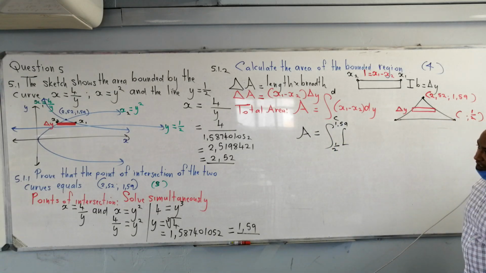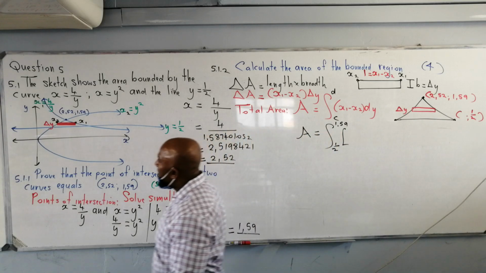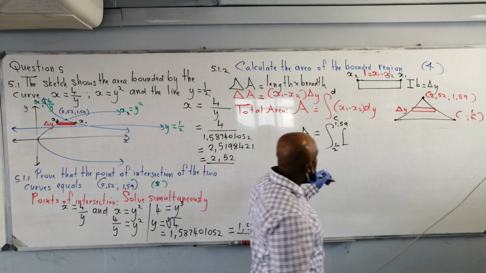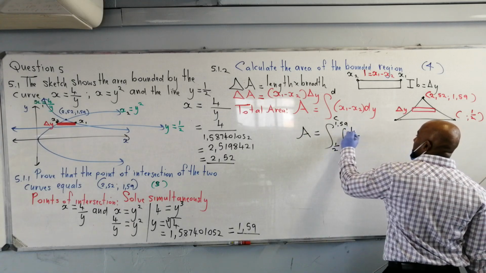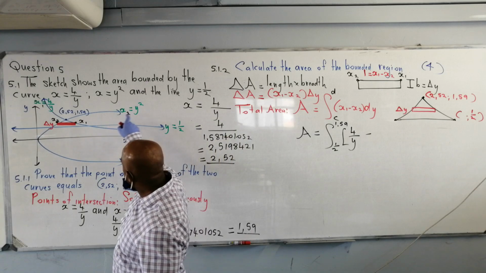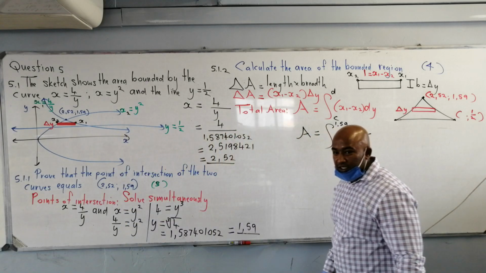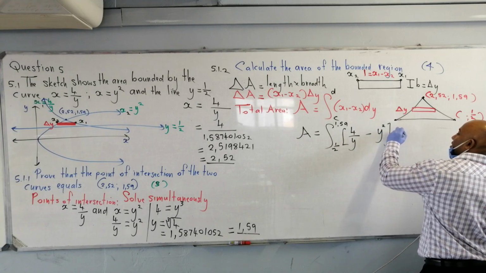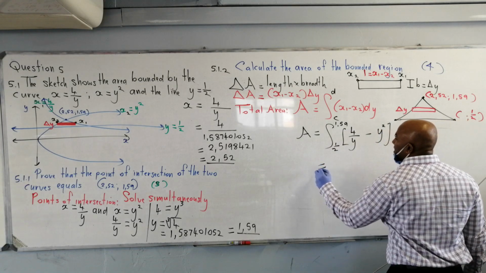What is x1? x1 in terms of y is 4/y, so there's my 4/y here. Minus x2, and x2 is y squared, you can see that. So I'm going to integrate this.